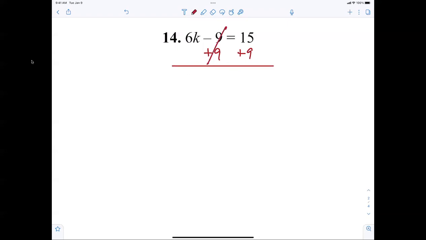And then 15 plus 9 is 24. Good. So then it leaves 6 is 24. Uh-huh. And then you divide both sides by 6. And then it would be k equals 4. Amazing. Good job.